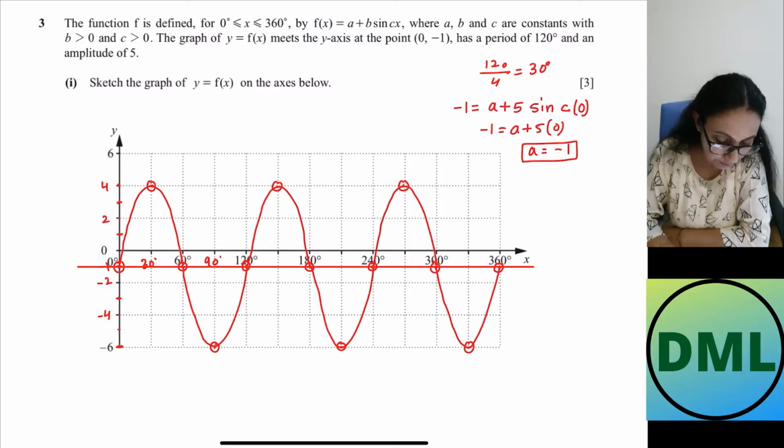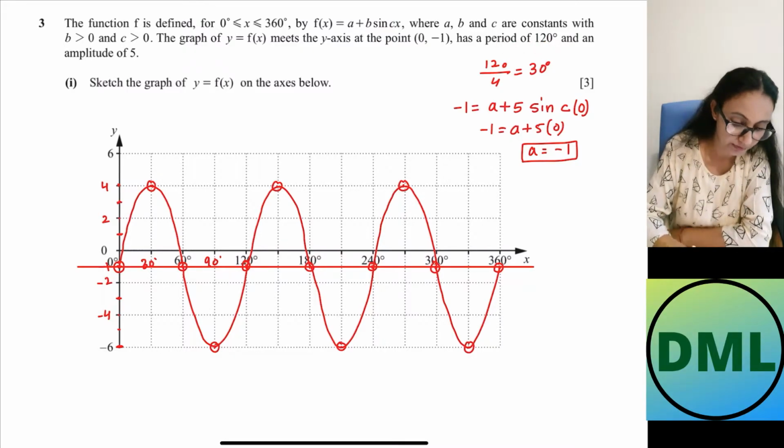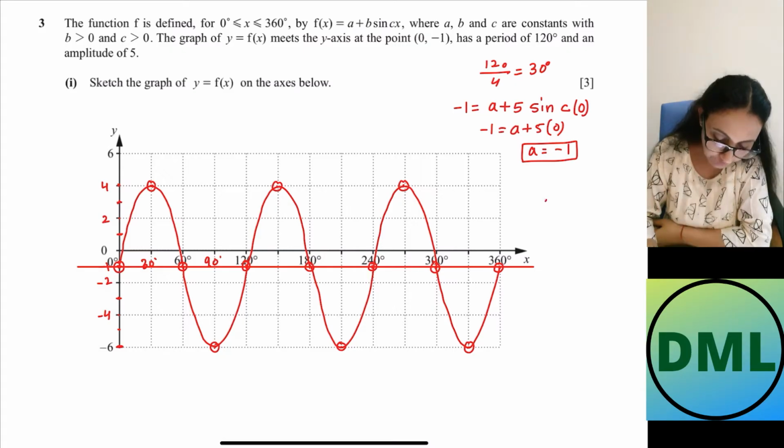As you can see from here, we need to plot it from 0 to 360 degree. From 0 to 360 degree, how many cycles do I have? 1, 2 and 3 cycles. That means my value for C is 3 here. If I calculate that, the period is given as 120 degree. I need to calculate the value for C. The value for C will be given by 360 degree over period.